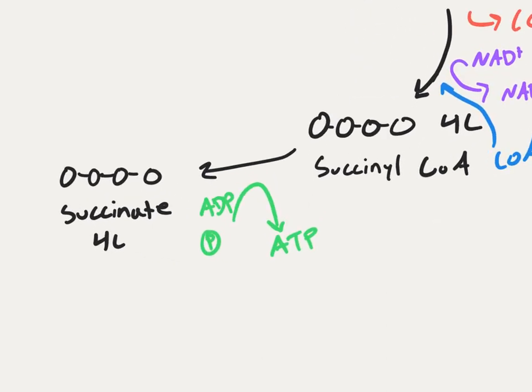You will sometimes see this written as GDP and GTP, the same thing as ADP and ATP. So we lose the CoA, and the CoA has come off.